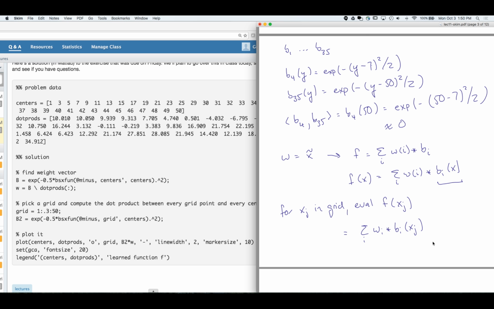And if I have a matrix that evaluates bi of xj, and I call that matrix B2, then this is equivalent to matrix multiplication.